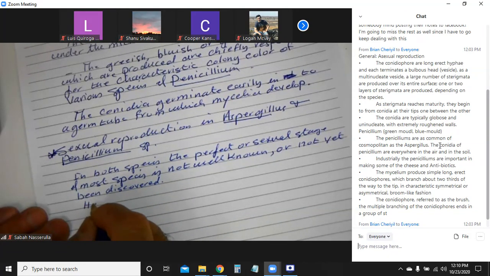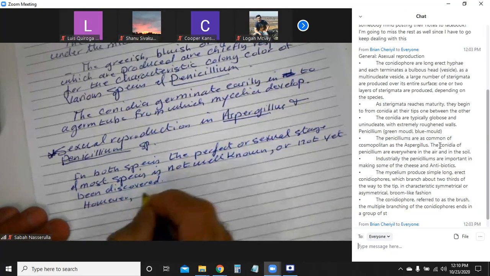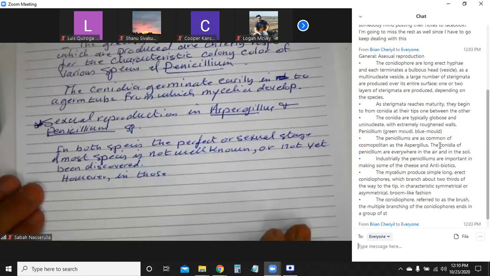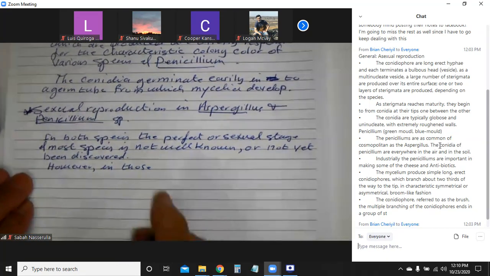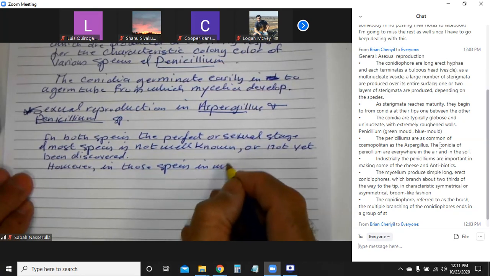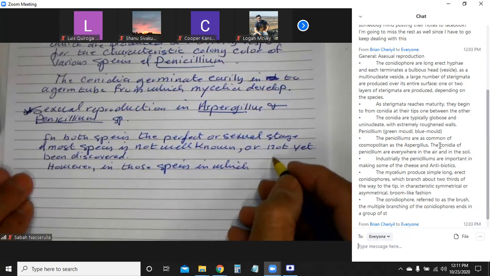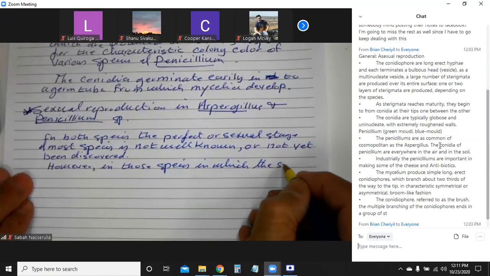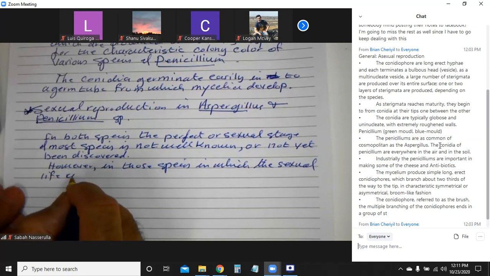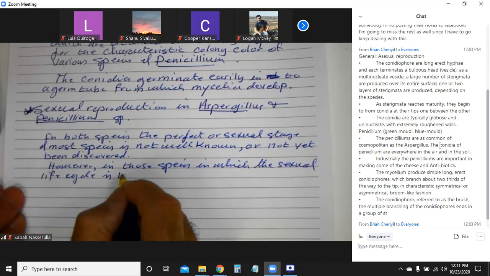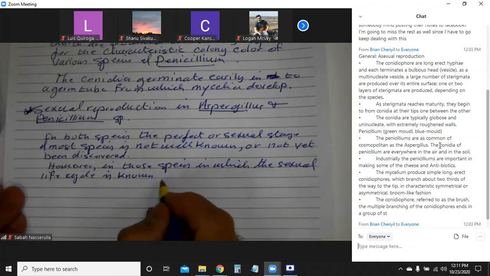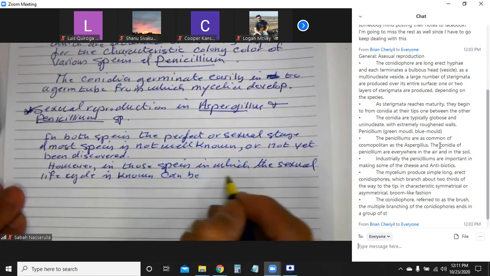However, those species in which the sexual life cycle is known can be summarized as follows.